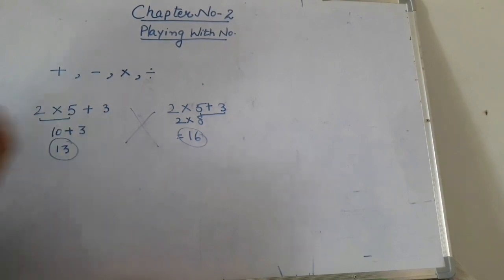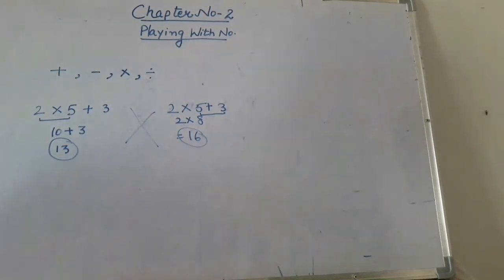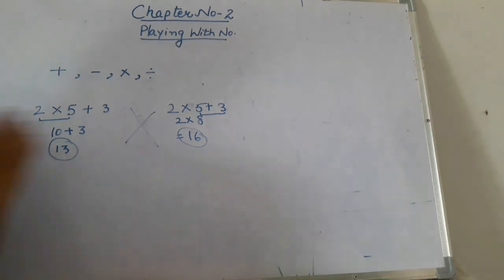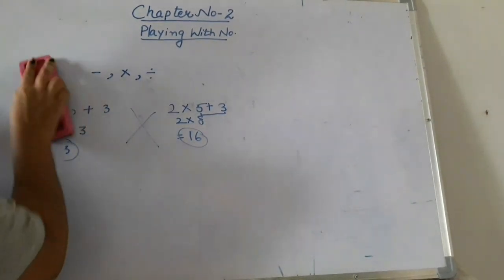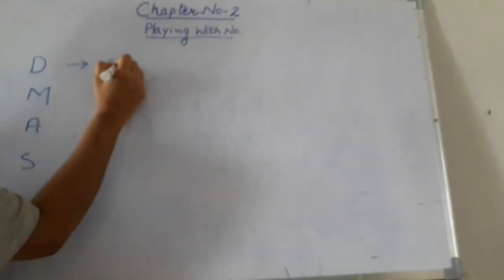This all goes wrong. So, in mathematics, there is a rule for solving these operations, and this rule is known as DMAS. Right, students? DMAS. What does D stand for? D stands for division.